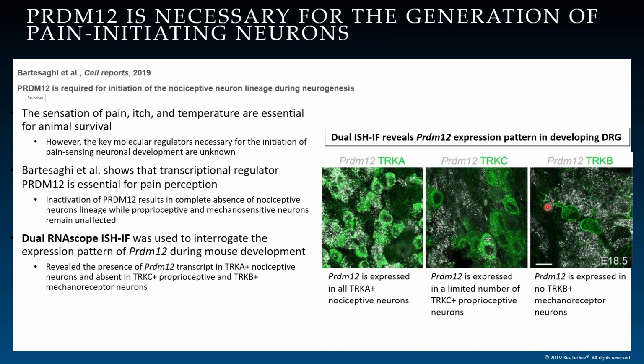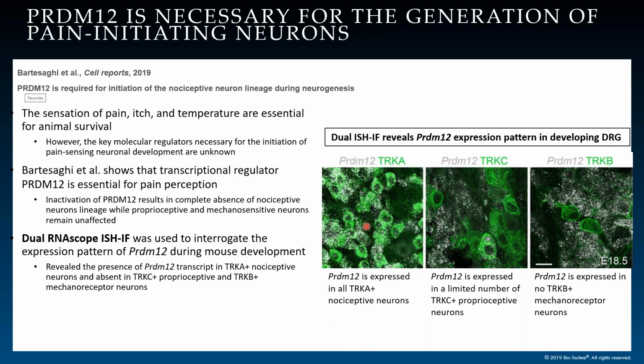In this particular example, they utilized the dual RNAscope-IF technology, a workflow where they combined RNAscope with immunofluorescence. This allowed them to visualize an RNA target along with a protein target on the same section of tissue. So they wanted to study exactly which cells were expressing this PRDM12 that was important in development and maintenance of the nociceptive neurons.